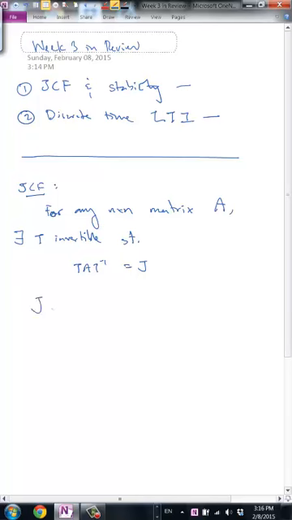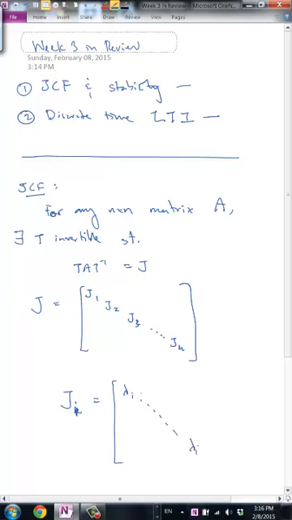And what that means is, first of all, that it's block diagonal. So J consists of blocks J1, J2, J3, all the way up to JK. And as we've discussed in class and in the previous reviews, each Ji has the same value all along the diagonal, and then ones on the off diagonal.